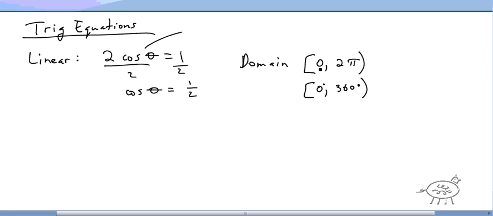Okay, so a couple things we're going to do in these problems. I always tell you guys to sketch pictures because pictures are just really, really important. The first step, since it's cosine of theta equal to 1/2, is to sketch the quadrants.